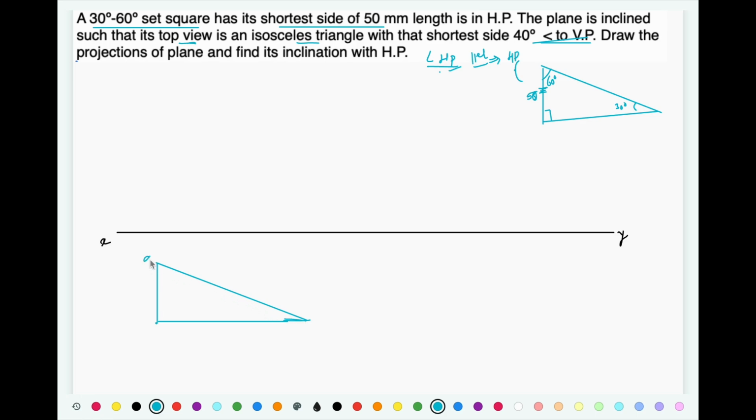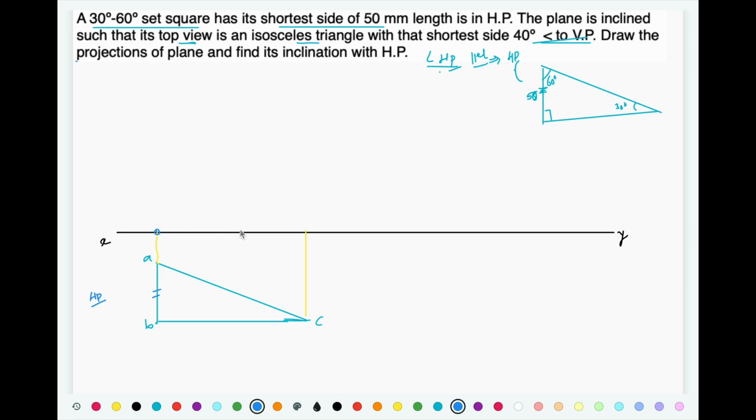Okay, so this is, let's say, A, B, C. Project all the points for the front view. The resting reference, that is the shortest side, it is located in HP, and to draw basic view we have made it completely rest in HP.